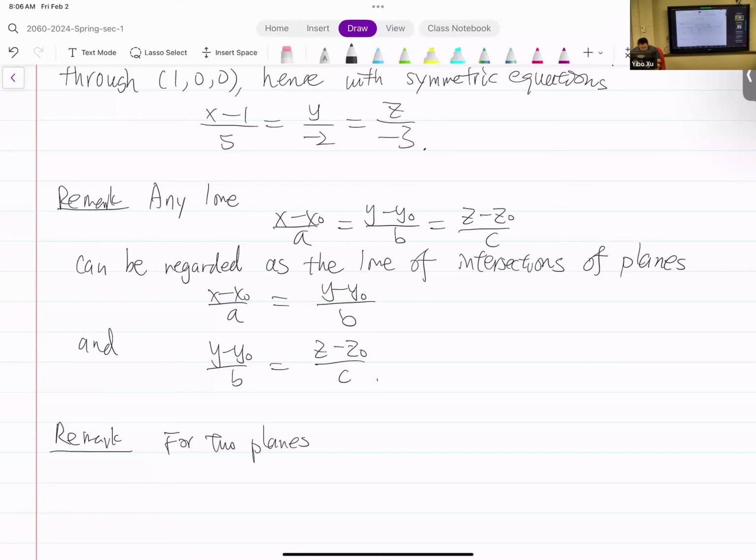For two planes, if the two normal vectors are parallel, then the two planes are parallel.